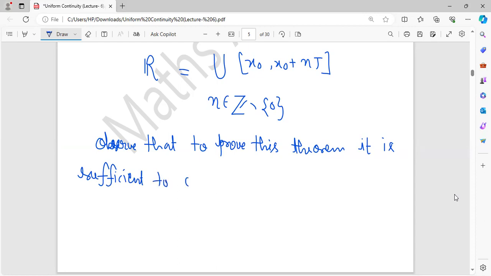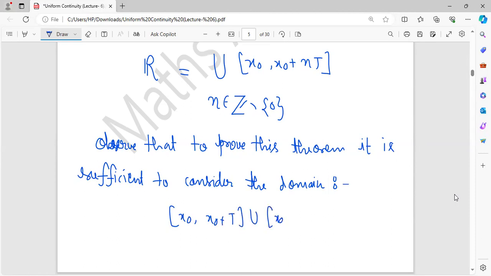Which domain am I considering? You take x naught plus t. You also add one more domain, x naught plus t to x naught plus 2t. You also add this domain, x naught minus t to x naught. So this domain is nothing but x naught minus t to x naught plus 2t.